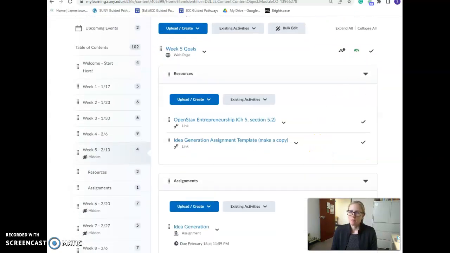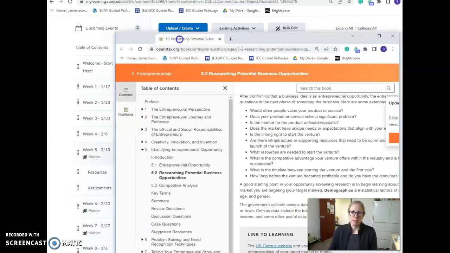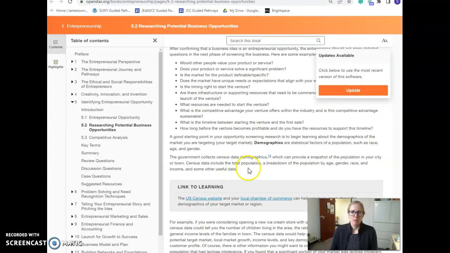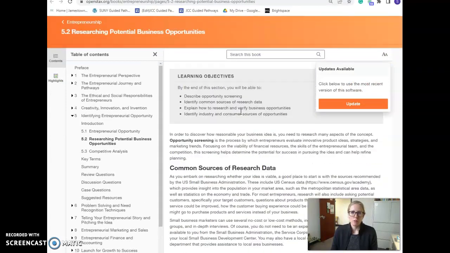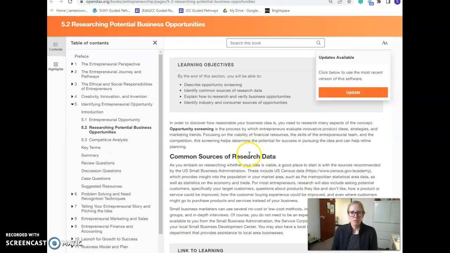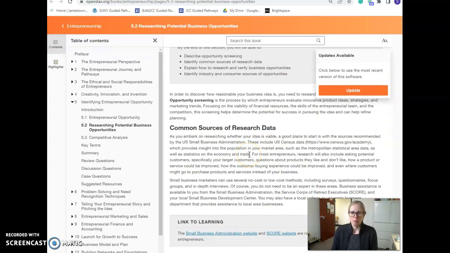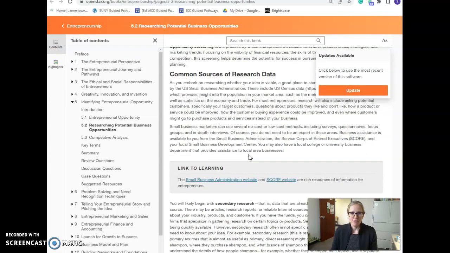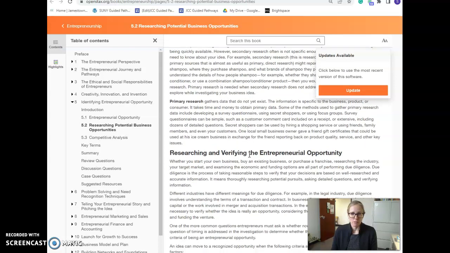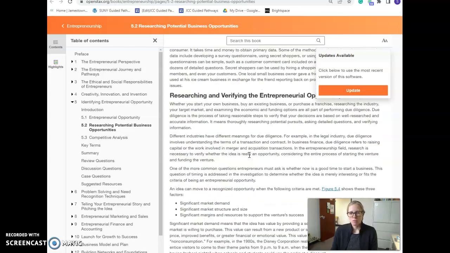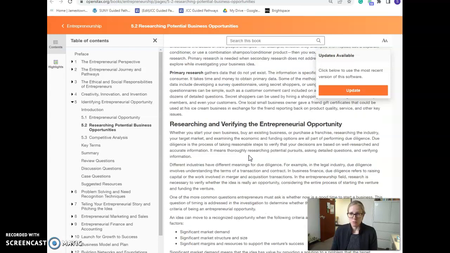As you open up section 5.2 in the book, you'll see it looks like this. It's not a lengthy section, but it is important for you to read this. What we're looking for are common sources for research data. Once you have identified an idea, it talks about the difference between secondary and primary research, and some certain strategies for verifying entrepreneurial opportunities have the potential to be successful.